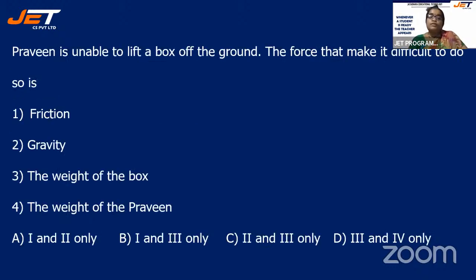Next one. Praveen is unable to lift a box off the ground. The force that make it difficult to do is friction, gravity, the weight of the box, the weight of the Praveen. 1 and 2 only, 1 and 3 only, 2 and 3 only, 3 and 4 only.